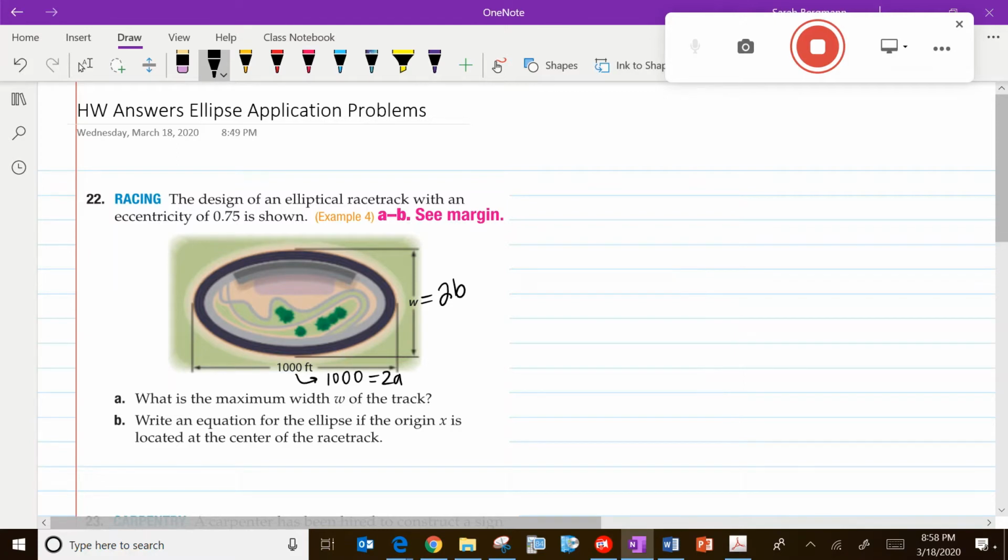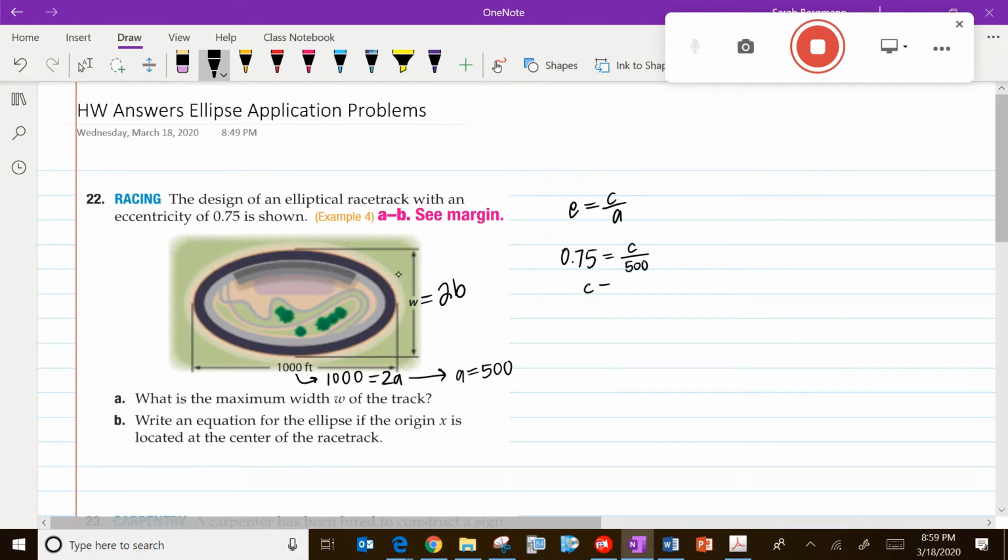So if the eccentricity is 0.75, remember eccentricity is equal to C divided by A. If we plug these numbers in to find C, we have 0.75 for E. We don't know the C value, but we know that A has to be equal to 500 since 1,000 divided by 2 is 500.